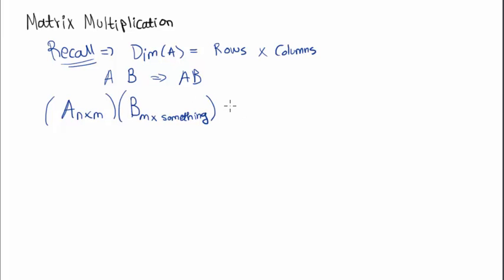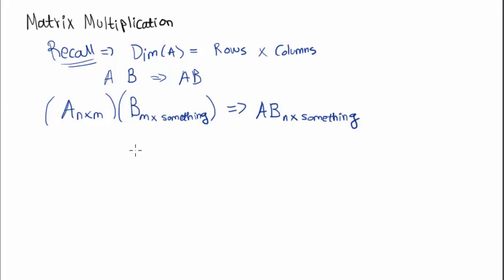And then the dimension of the resulting matrix, which would be AB, would be the outer two. So the dimension of the outer matrix multiplication would be n by something. Okay? Now, I haven't actually done matrix multiplication. I'll do it in this video so you'll get the hang of it. But I'll review it again.